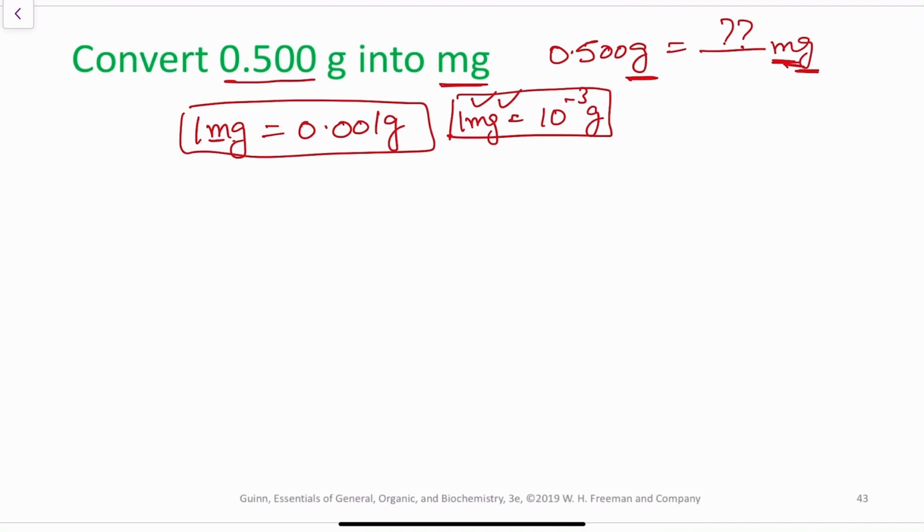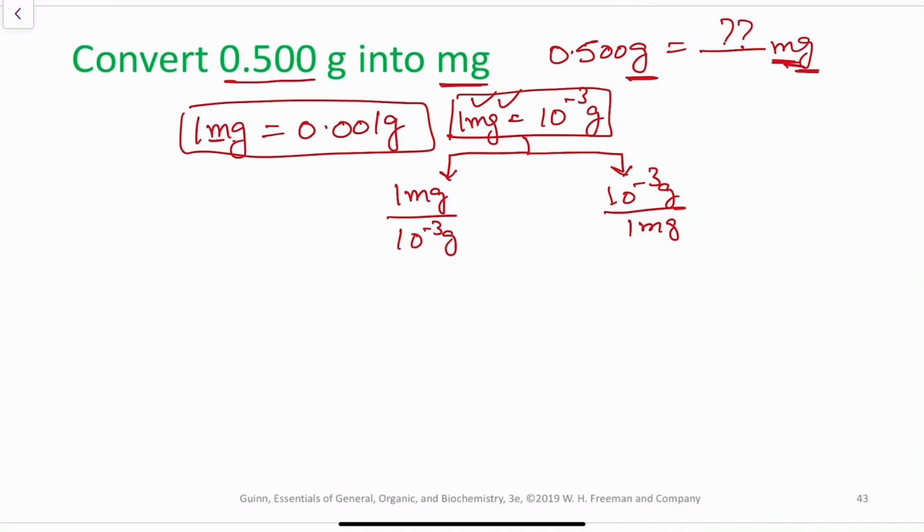So this is an equivalency, and I can write it in two ways. I can say I have 1 milligram, that means I have 10 to the power negative 3 grams, in a divisible form. Or if I say I have 10 to the power negative 3 grams, that means I have 1 milligram.